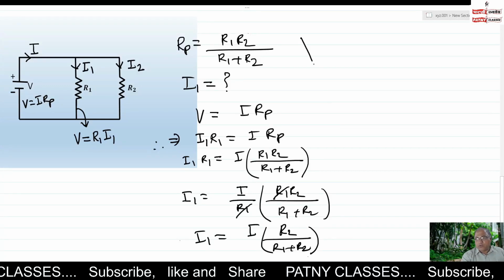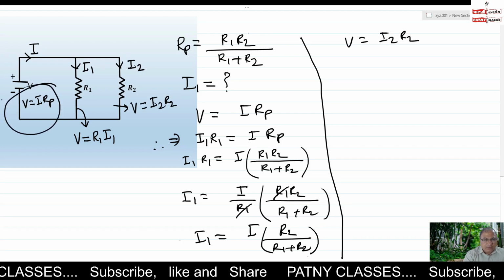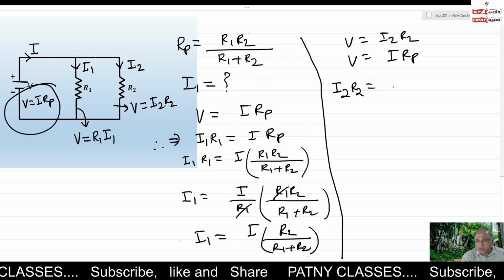Now we have to find the expression for I2. For that, again the voltage across R2 is V equals I2 R2. So V equals I2 R2, and from here we have V equals I into Rp. The LHS of both equations are the same, therefore comparing the RHS, I2 R2 equals I into Rp.